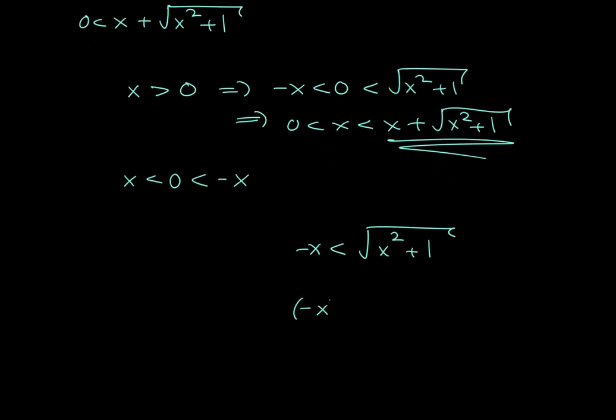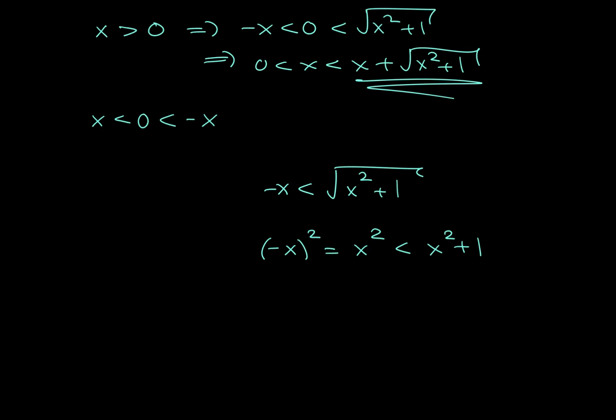Negative x squared is equal to x squared, which is less than x squared plus 1. Taking square roots, in this case, I get the positive square root, and the positive square root is negative x in this case. So taking square roots, we have negative x is less than the square root of x squared plus 1.